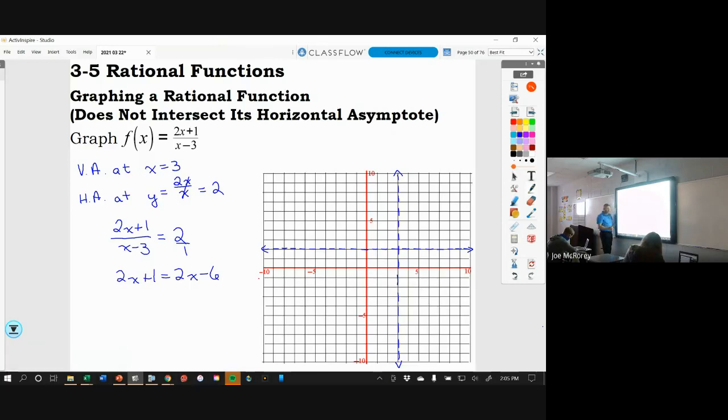If I subtract 2x from both sides, I get 1 equals negative 6. How do you feel about 1 equals negative 6? Incorrect. Makes sense. The graph does not cross the horizontal asymptote.